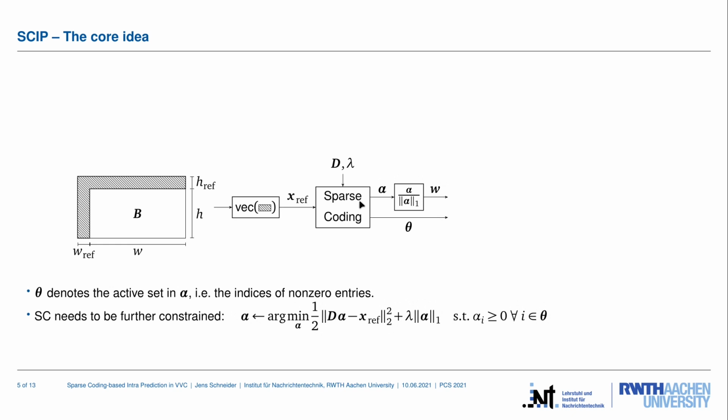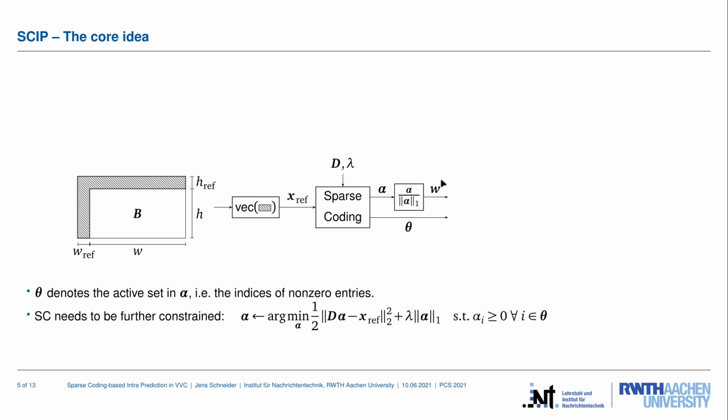Out of this sparse coding process, we will find the solution vector alpha and another vector theta, which is the active set of alpha, basically indicating which entries in alpha are non-zero. Further, we divide alpha by its own L1 norm in order to obtain the vector w, which will also be referred to as weights in the following.